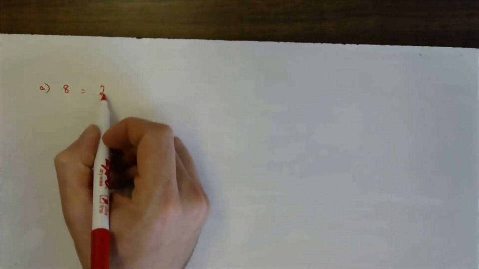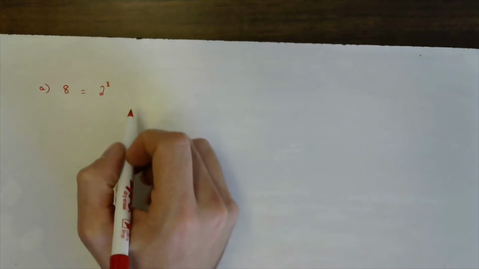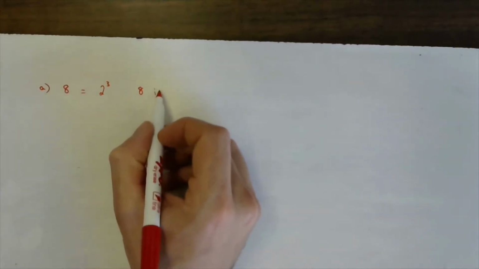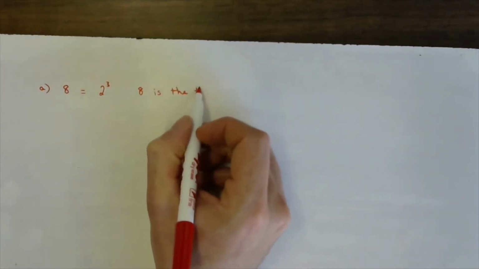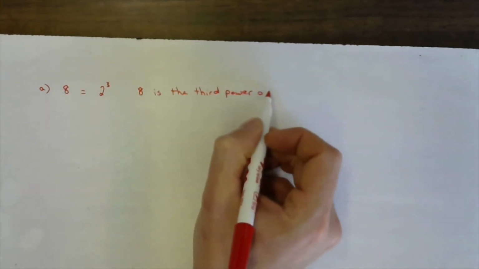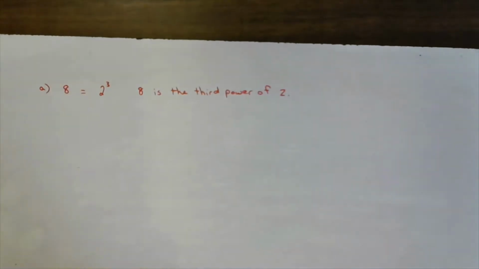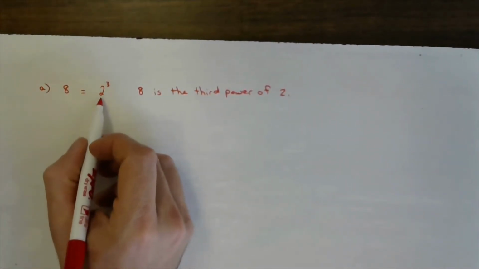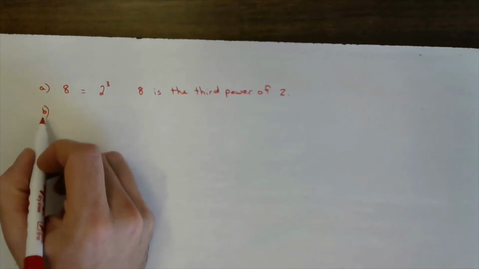What would it look like? 2 to the power of? 3. 2 to the power of 3. Why? Because 8 is the third power of 2. You go 2 times 2 is 4, times 2 again is 8. So you need 3 factors of 2, and you've got 8.